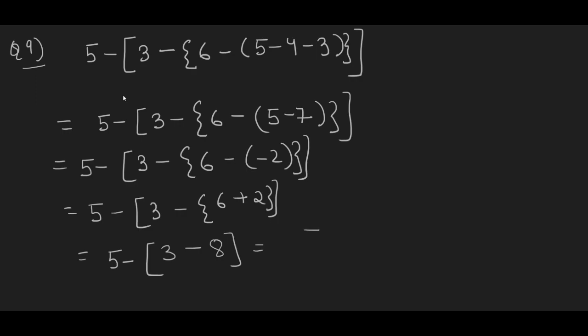So 5 minus 3 minus 8 will be -5, and 5, you have a negative sign outside, this will become plus 5 will be equal to 10. This will be your answer.